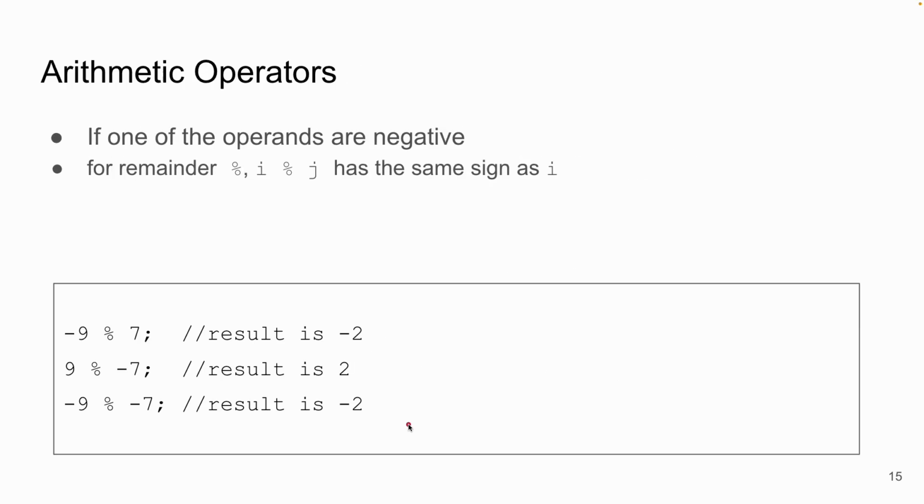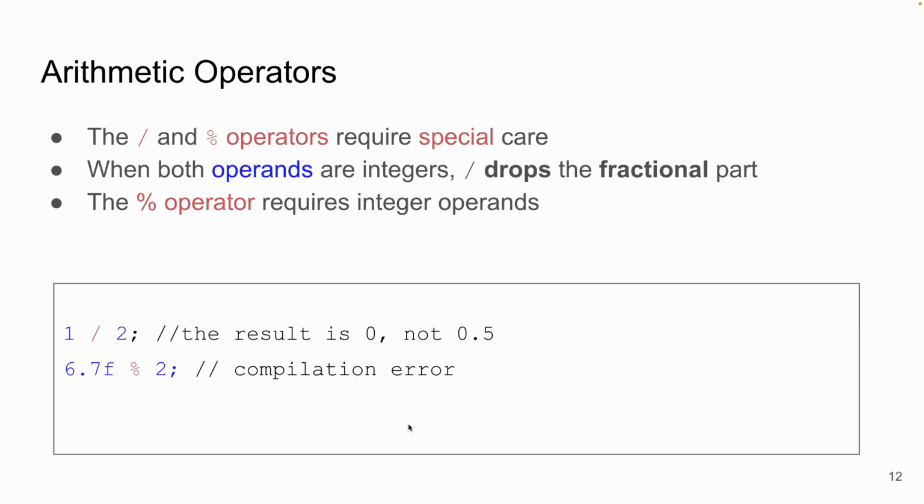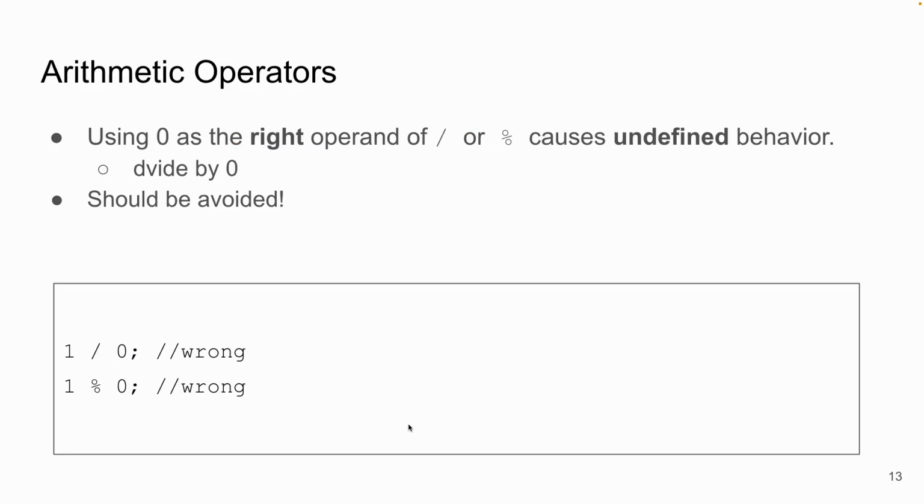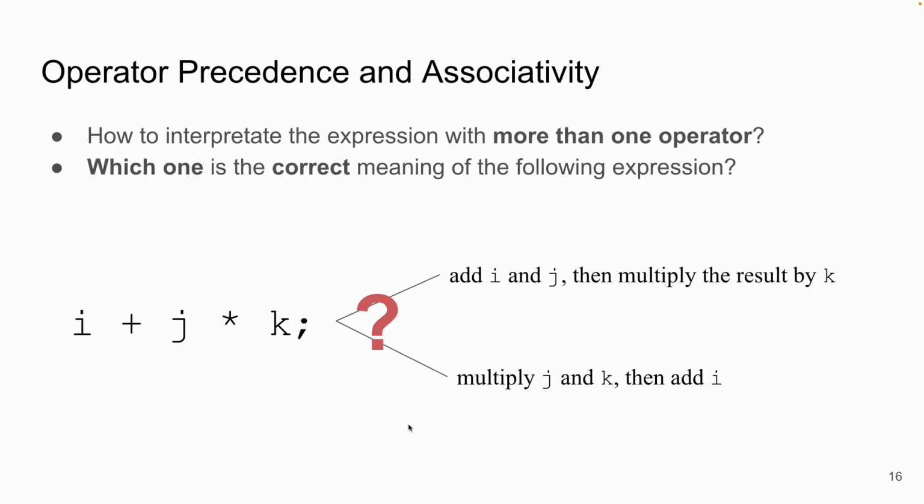Okay, after we introduced all the arithmetic operators and some special cases, let's talk about how to interpret a more complicated expression. How can we understand the meaning of expressions with more than one operator? For example, we have an expression like this, right?